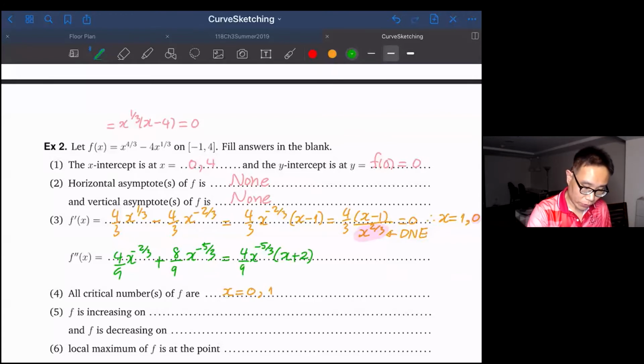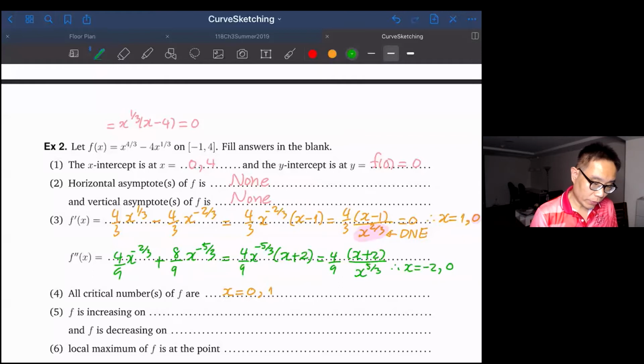So you're gonna get 4/9 times x plus 2 over x to the 5/3. For this one, you're gonna have 2 points again. It's gonna be negative 2 and 0.